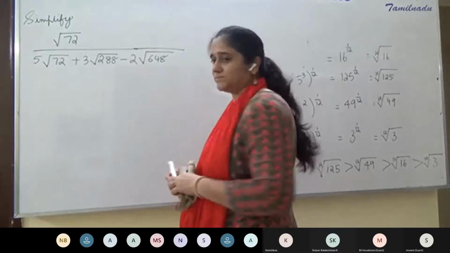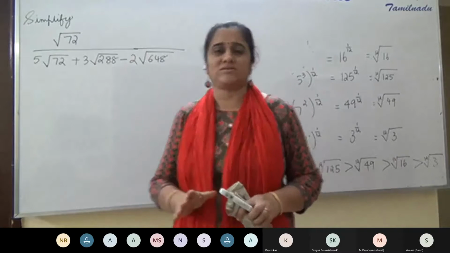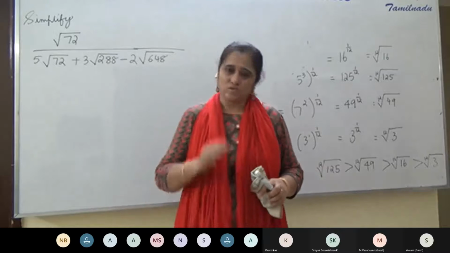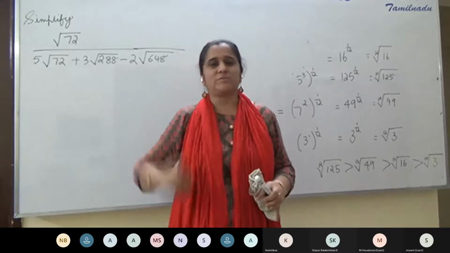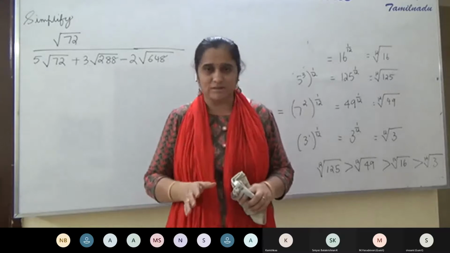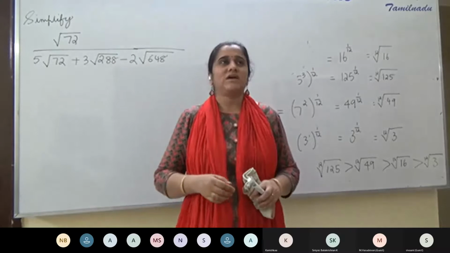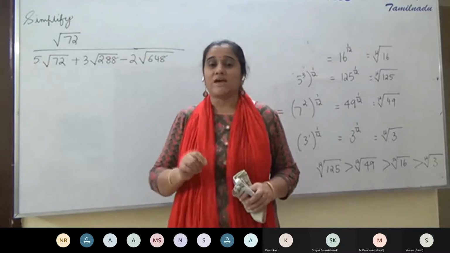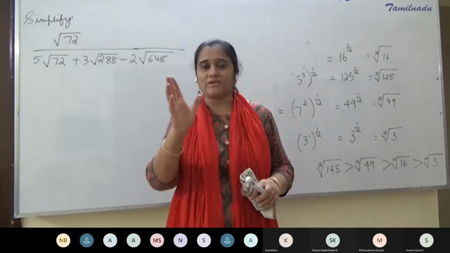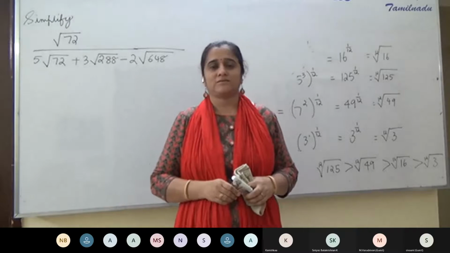So square root of 72. The easiest way is this. Don't always find the prime factors. That is a method, but first try this: can you write 72 as a product of a perfect square and some other number?